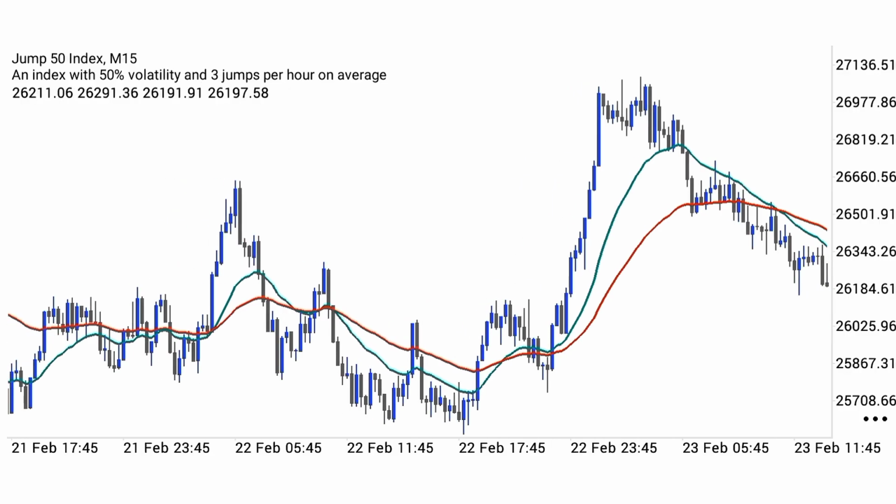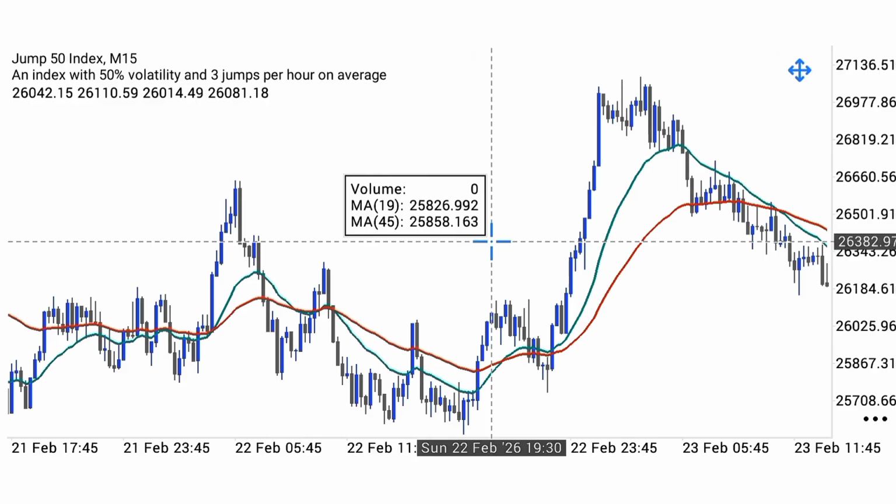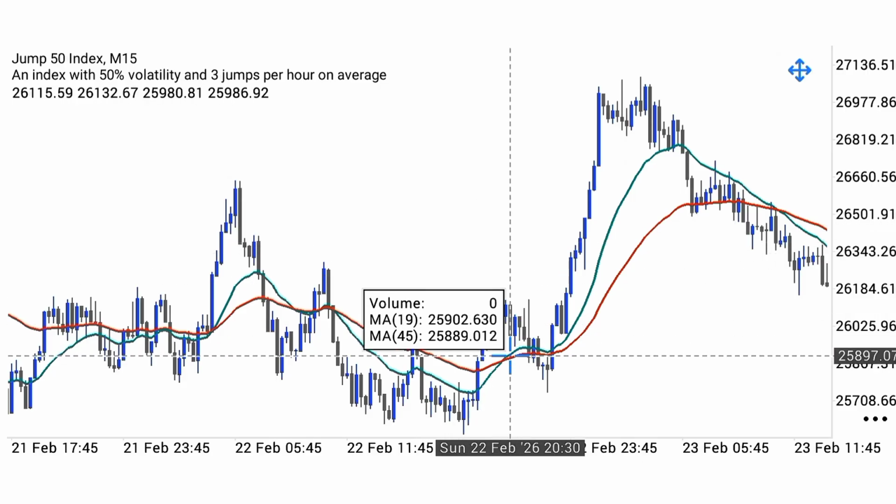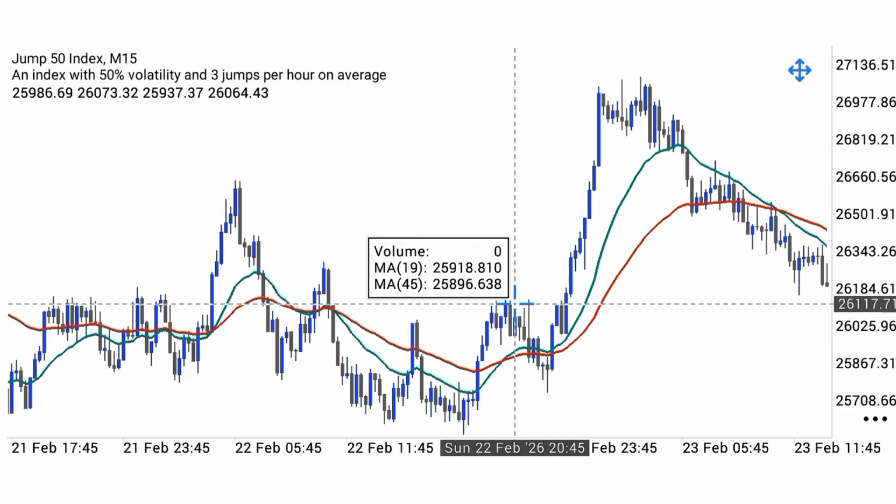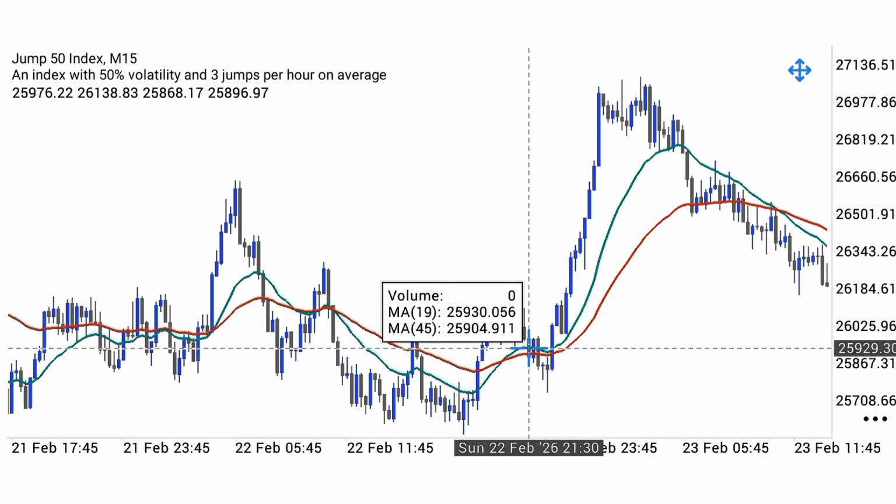Just the way we have break of structure in order blocks and supply and demand and other trading strategies, we also have the crossover for indicators. So when you see an indicator making this crossover like this, it means that the market is trying to change the trend.